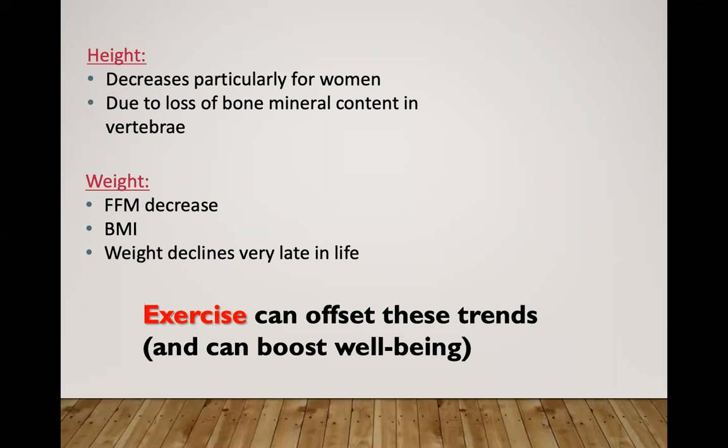Our weight, our free fat mass, decreases. So the free fat that we have, it's just fat that's roaming around, and it starts to decrease as we grow older. Our BMI might change as well, where if we are in a certain range on BMI, we might go up or we might go down. But we do tend to see some weight decline very late in life, not due to any kind of secondary aging or tertiary aging reasons, just due to primary aging, just that we might not be as active, we might not be eating as much, our body composition shifts.